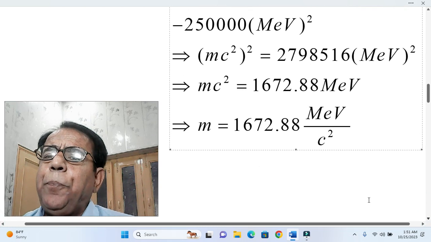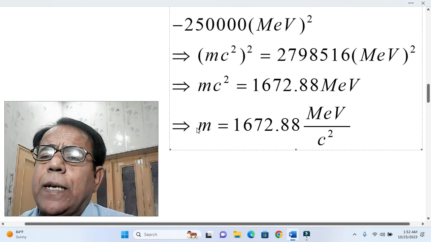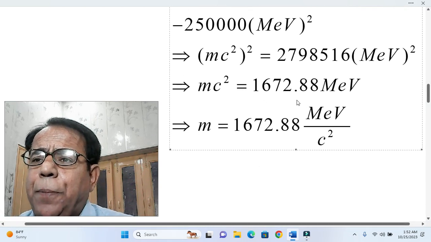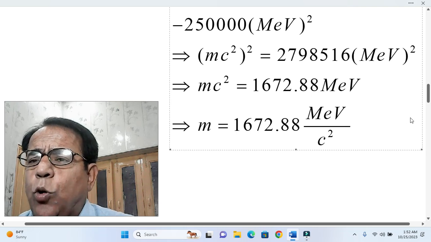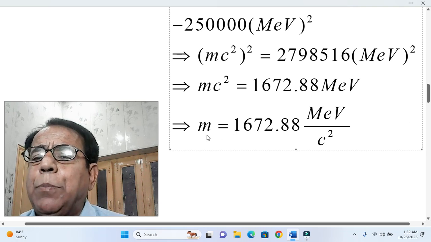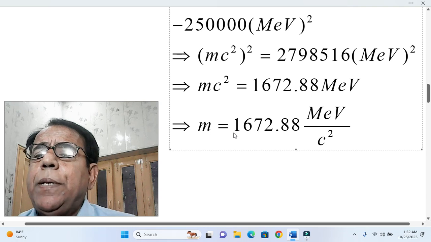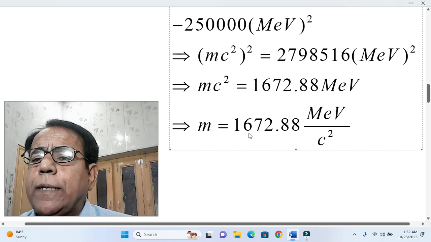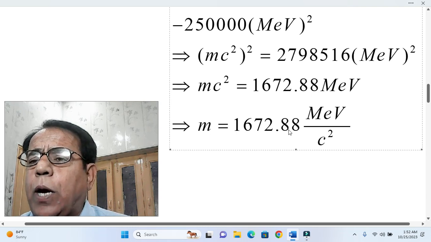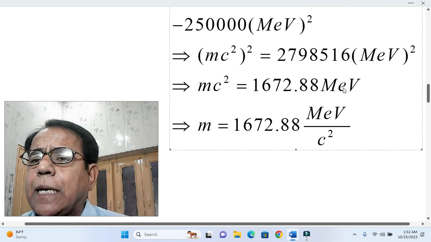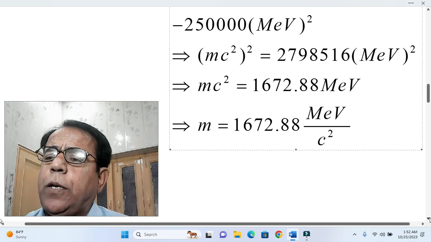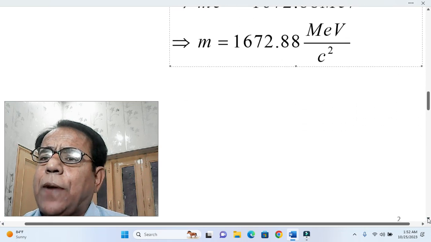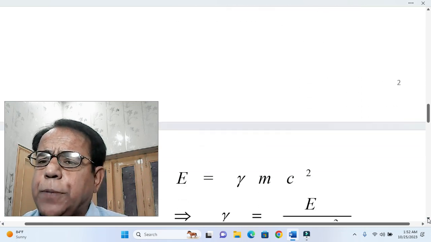From here we keep m on one side and c square will be divided on the other side of equality, and hence m becomes equal to 1672.88 million electron volt over c square.